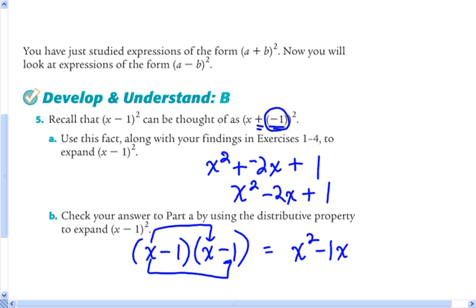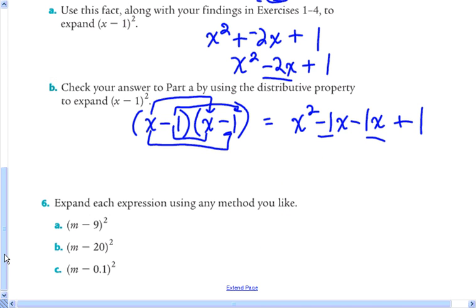If we multiply negative 1 times x, we get negative 1x again. And if we multiply negative 1 times negative 1, we get plus 1. And those two simplify to negative 2x.